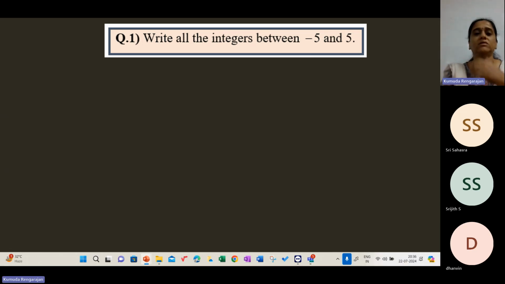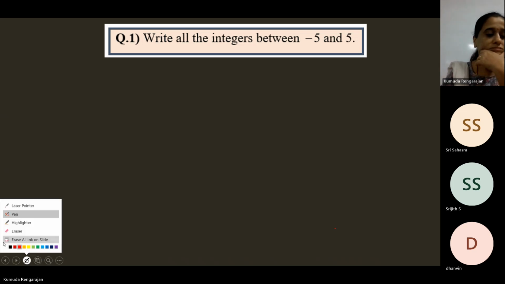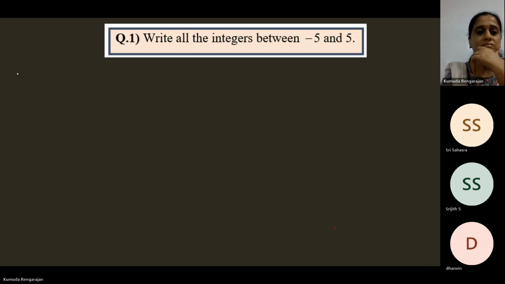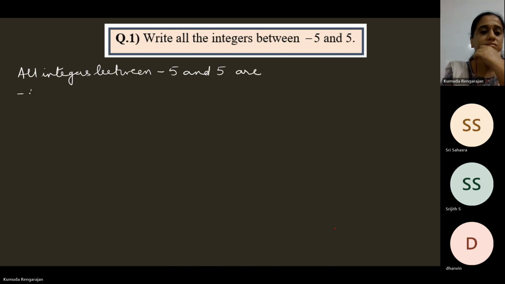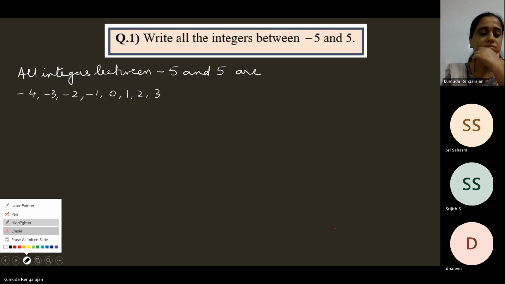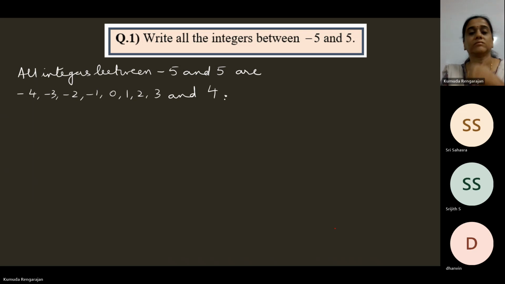All right. The next question. Write all integers between -5 and 5.